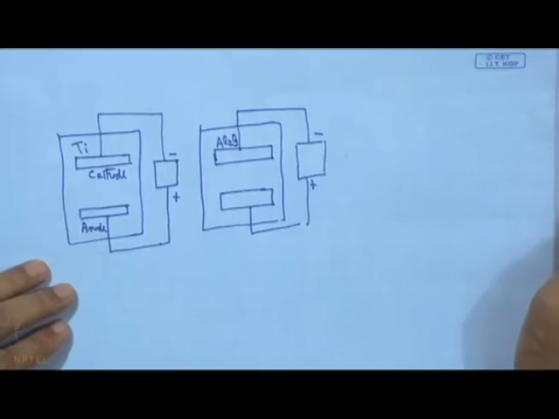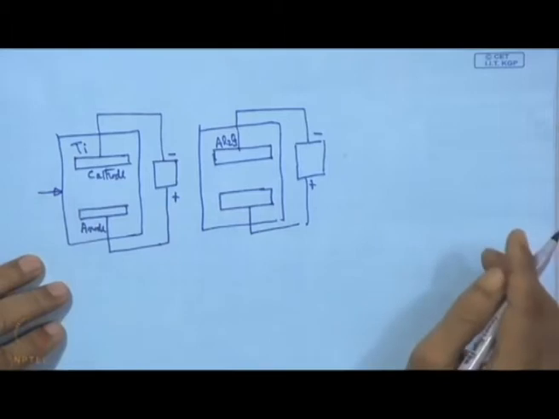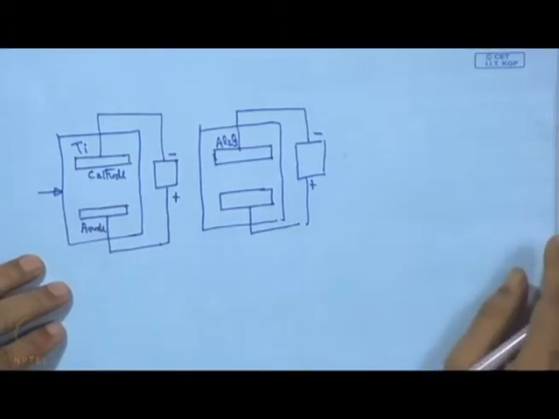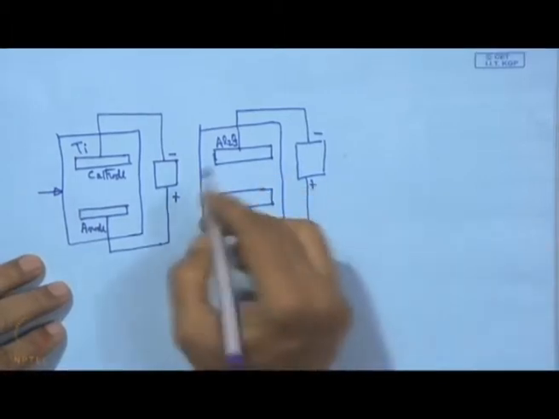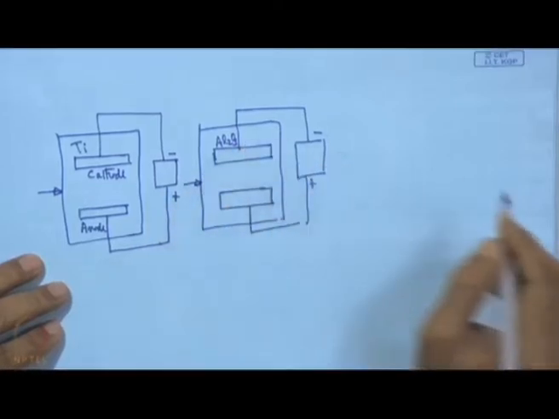Now, in this case we have all the relevant or required features of sputtering. However, one thing that is missing here is the conductivity of this material.